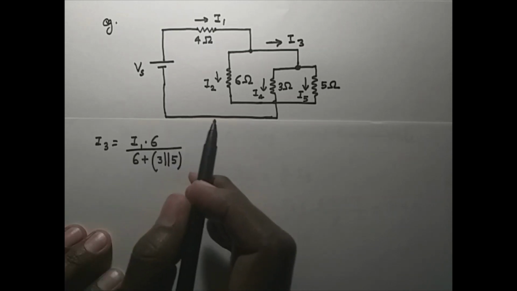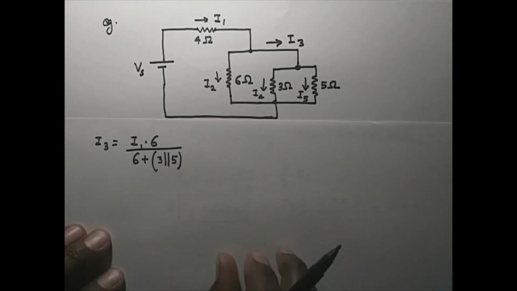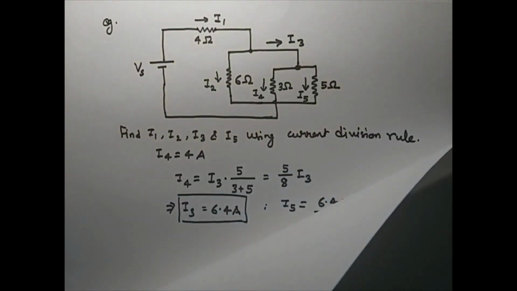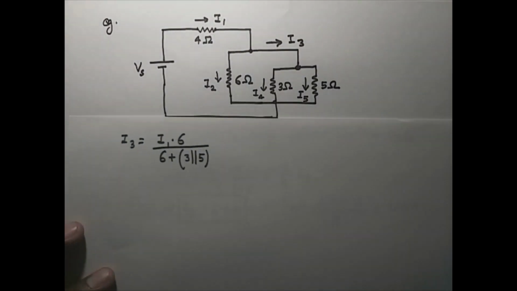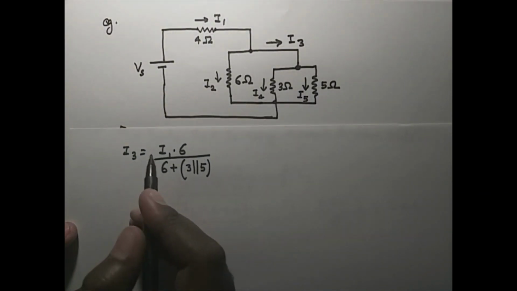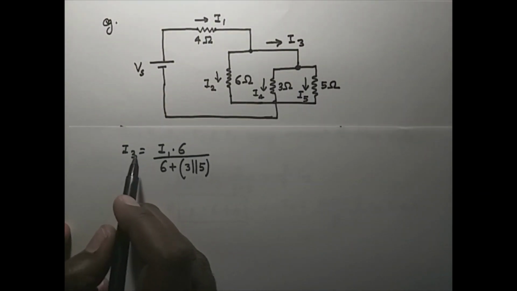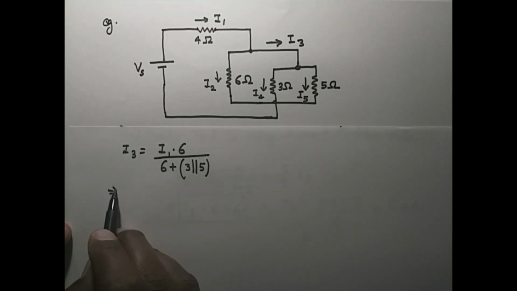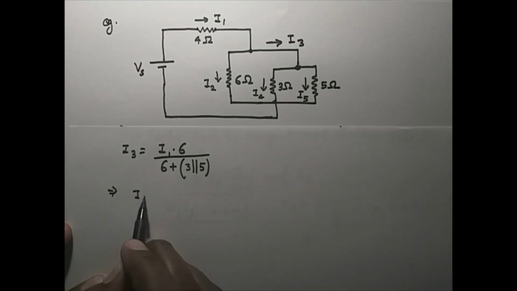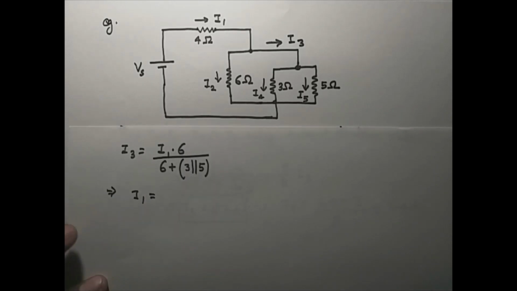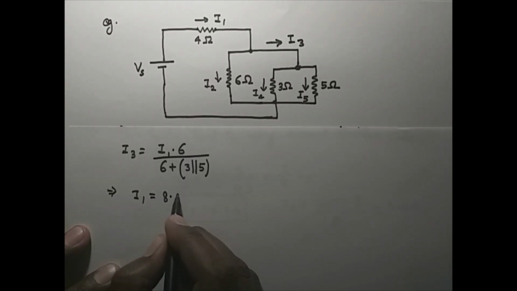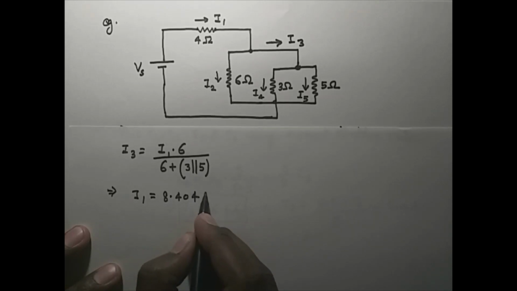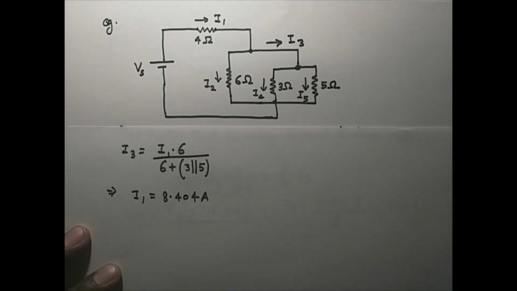We have calculated I3 as 6.4 amperes. So we can put this I3 here to find out I1, and from this equation we will get I1 after calculation as 8.404 amperes.